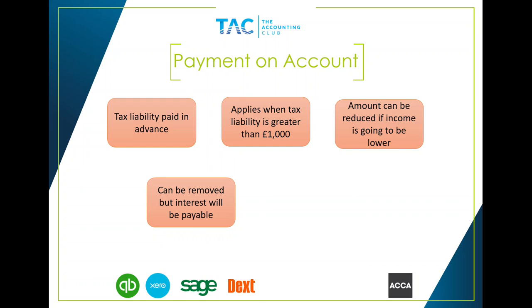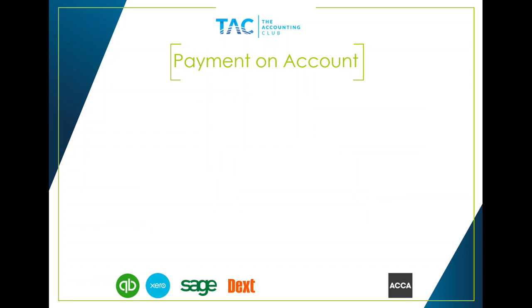If the payment on account is not reduced, then interest will be payable. If your tax liability in the subsequent year is lower, then you will get a tax refund.